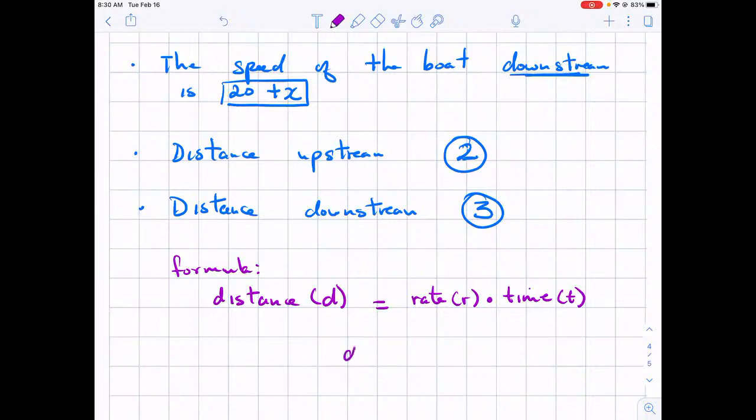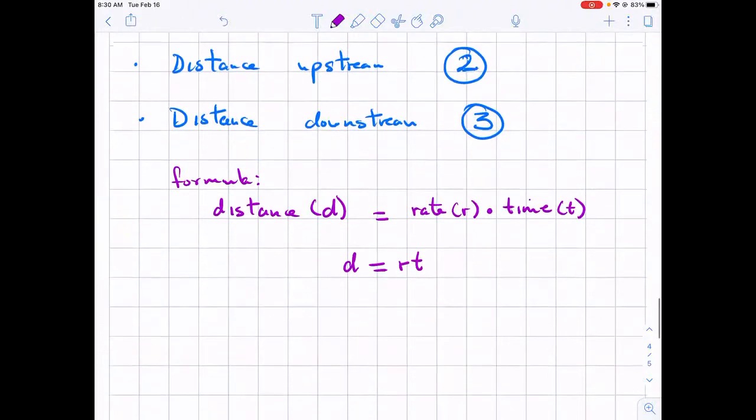So generally, we write d equals rt. And this is not only for this problem. Distance is always equal to the rate times your time.